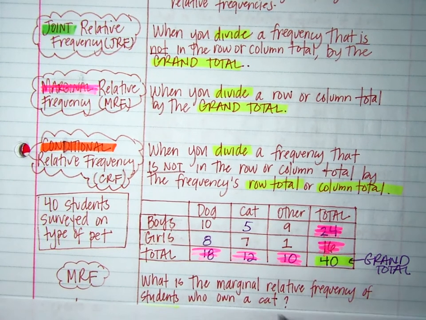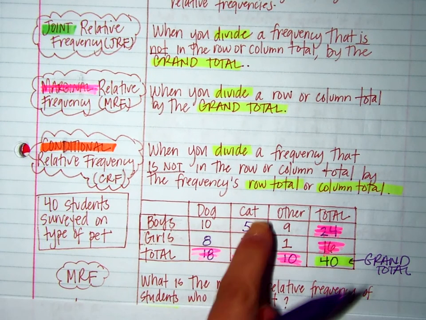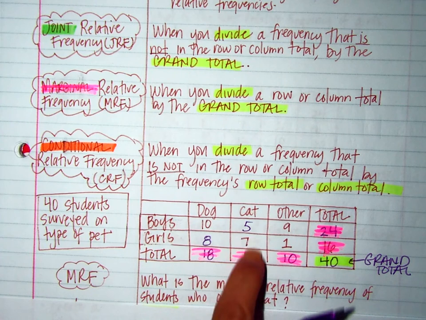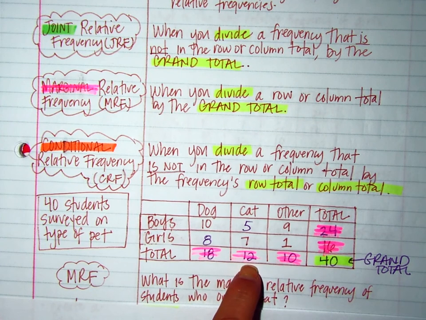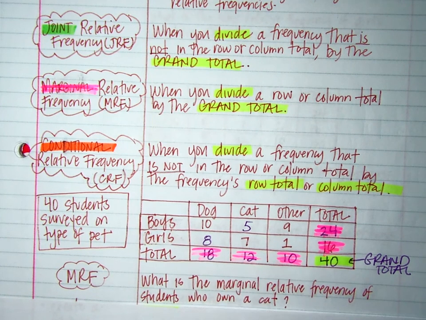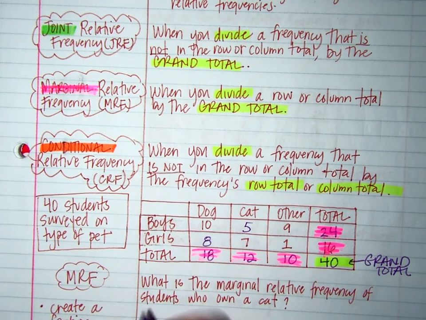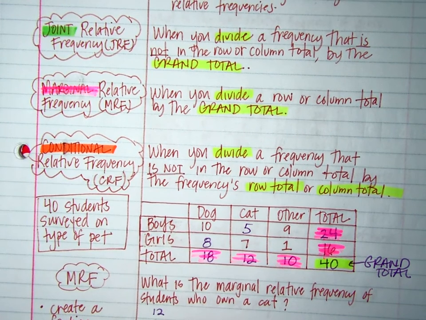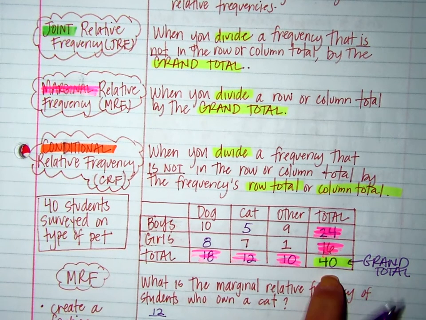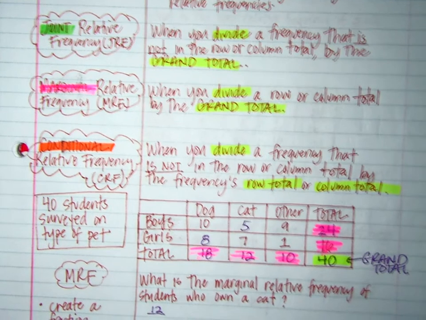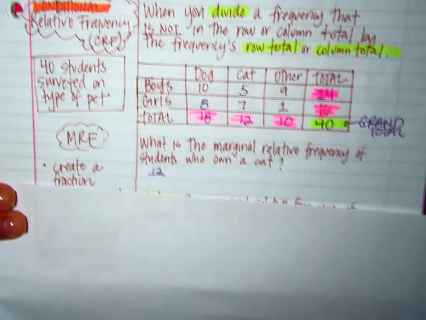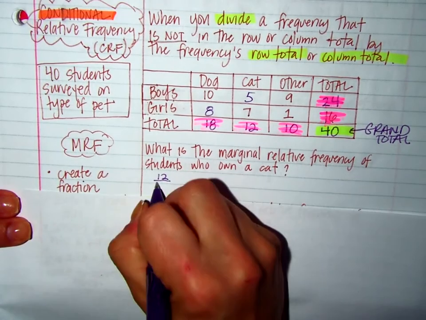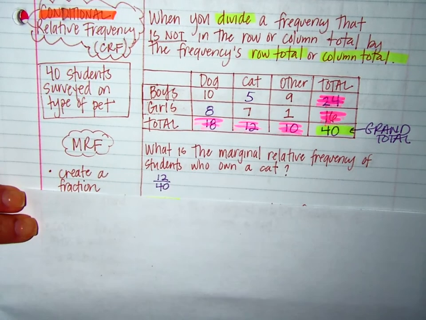I need to look for the category cat and how many students actually own cats, which is 12. So I'm going to take that 12 and divide it by the grand total, which is the 40. Now with your calculator, I want you to divide 12 by 40.